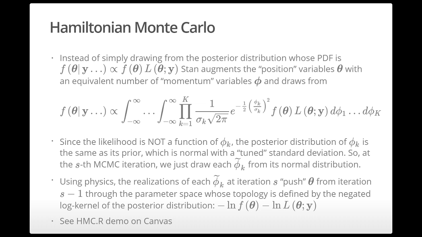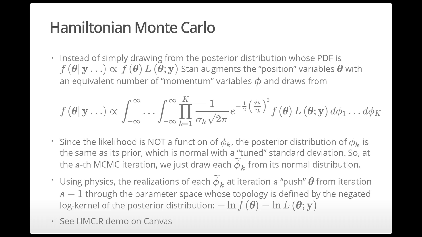And then it draws basically from the joint distribution of phi and theta, but integrates phi out to leave just a posterior distribution of theta given the data.